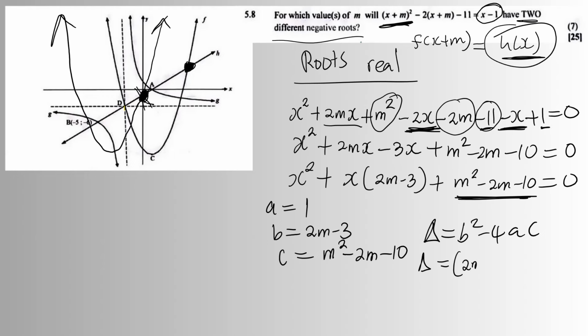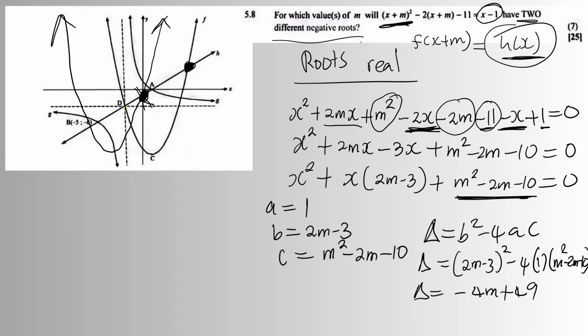B squared is (2m minus 3) squared, minus 4, my A is 1, my C is m squared minus 2m minus 10. When you expand these and simplify, I won't do it for the sake of time, you're going to get your delta to be equal to minus 4m plus 49.